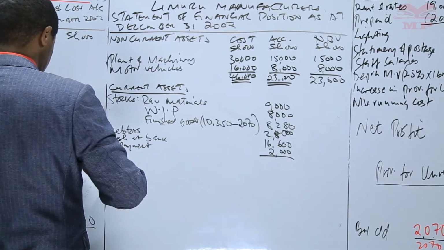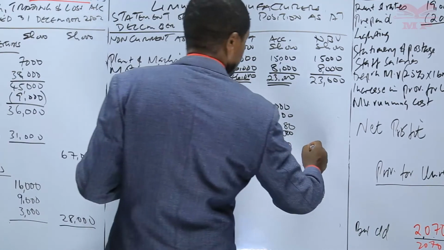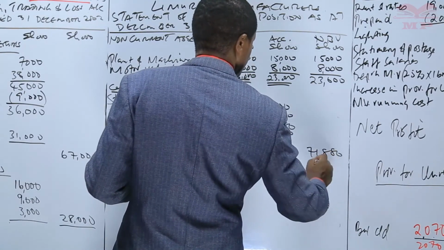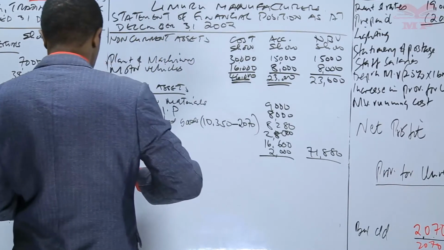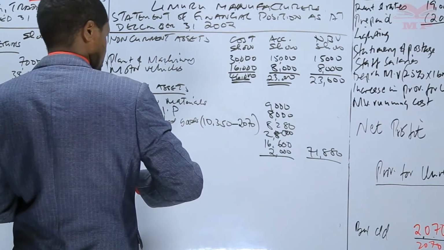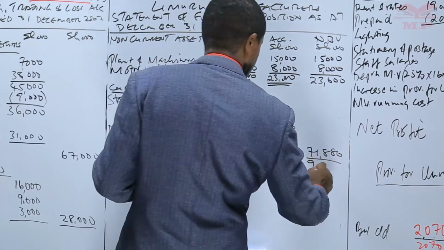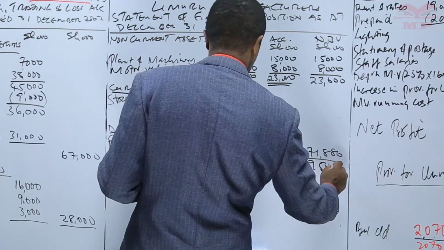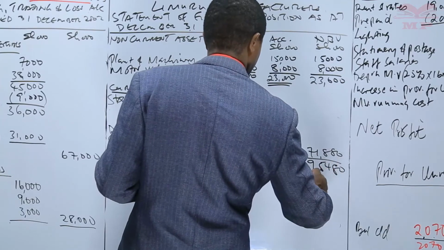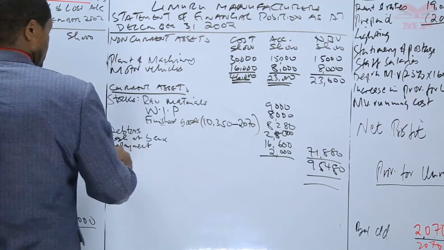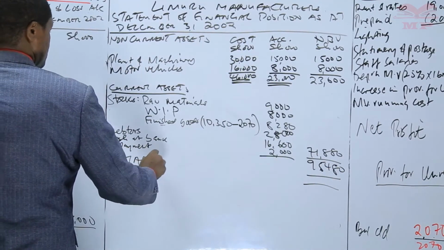This is equal to 71,880. We add to the 23,600, total assets 95,480. Total assets.